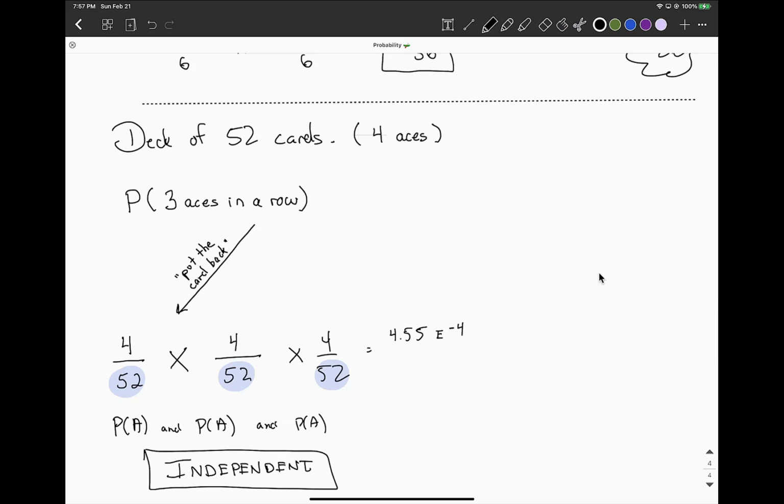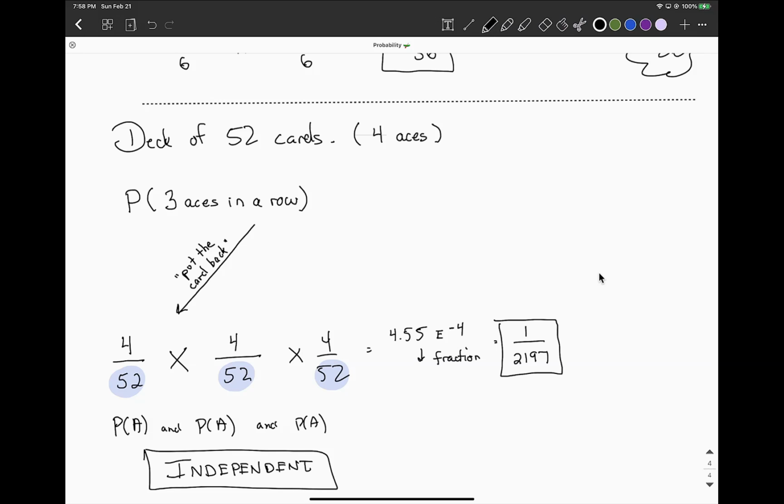That's not a nice number, so I'm going to try and convert. My calculator does this; not all of them will. If I convert this into a fraction by pushing math, enter, enter, it is nice enough to tell me that it is 1 out of 2,197.